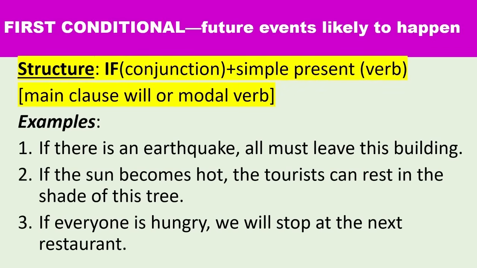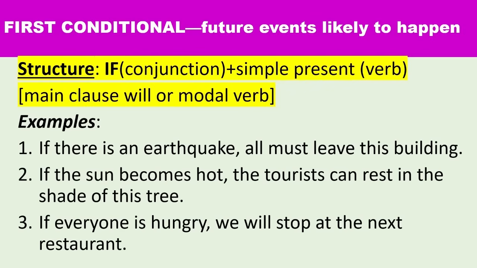If introduces the conditional clause, the sun becomes hot, becomes simple present. Tourists can rest, that is the modal form and the bare verb. If everyone is hungry, we will stop at the next restaurant. If everyone is hungry is the conditional clause.